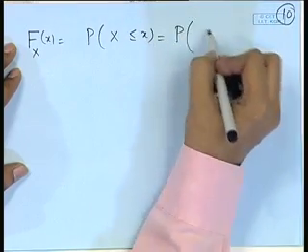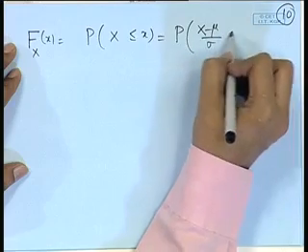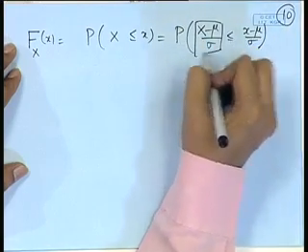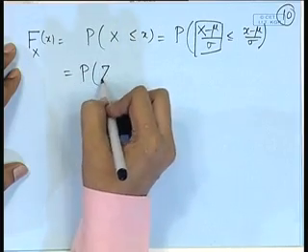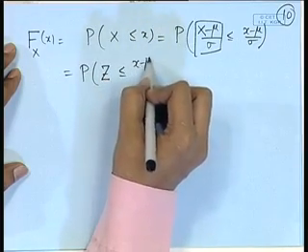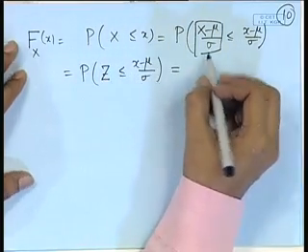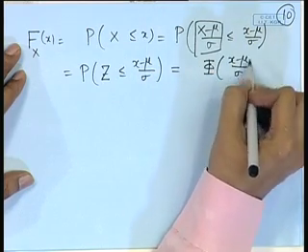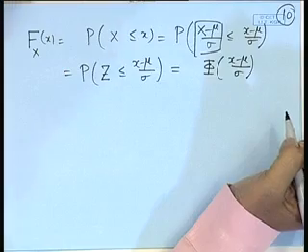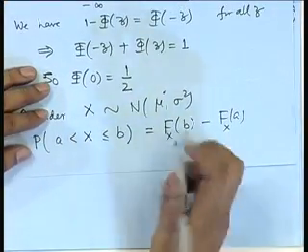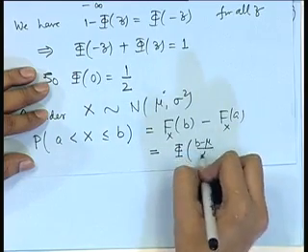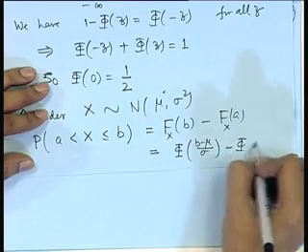This we can write as probability (X minus mu) by sigma less than or equal to (small x minus mu) by sigma. Now, this is Z. So, this is equal to phi of (x minus mu) by sigma. That means, the probabilities related to normal distribution can be calculated in terms of probabilities related to standard normal distribution.